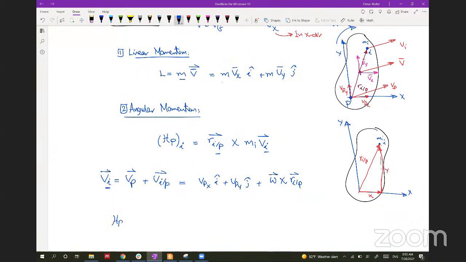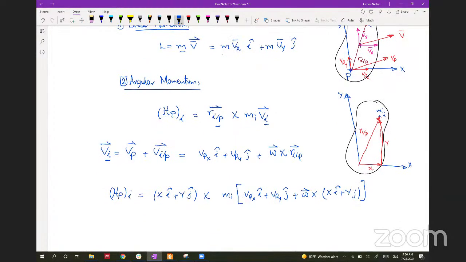So H_P for point i will be equal to r_i with respect to B, which has an x component in the i hat direction plus a y component in the j hat direction. This will be crossed by m_i times v_i. So v_i, we have it here, equal to v_Bx in the i hat direction plus v_By in the j hat direction, plus omega crossed by r_i with respect to B, which is equal to x in the i hat plus y in the j hat.